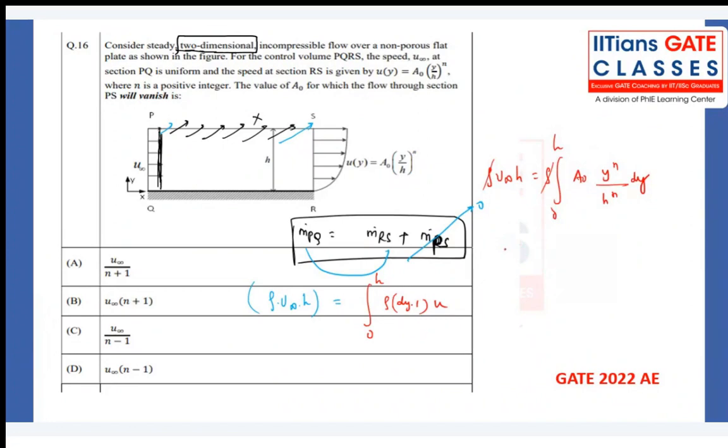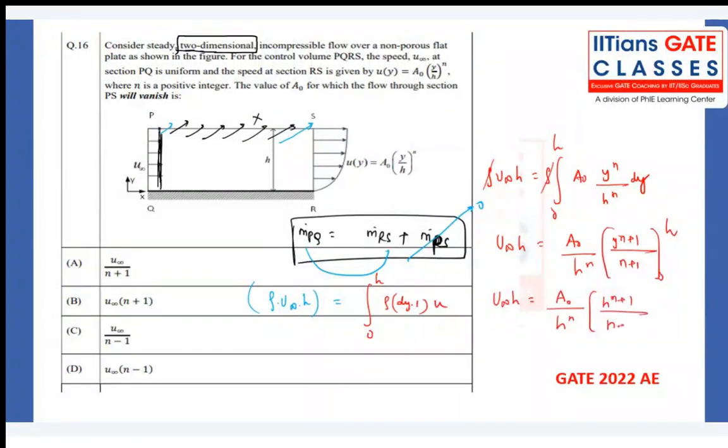So when you calculate, you will get the answer: U infinity into h equals A naught, sorry, this will be h only, A naught will be U infinity into (n plus 1).